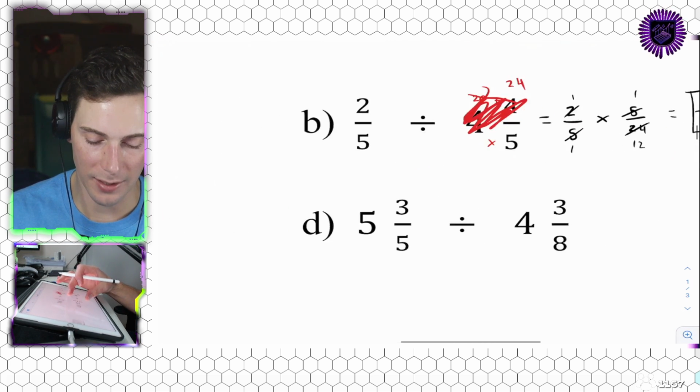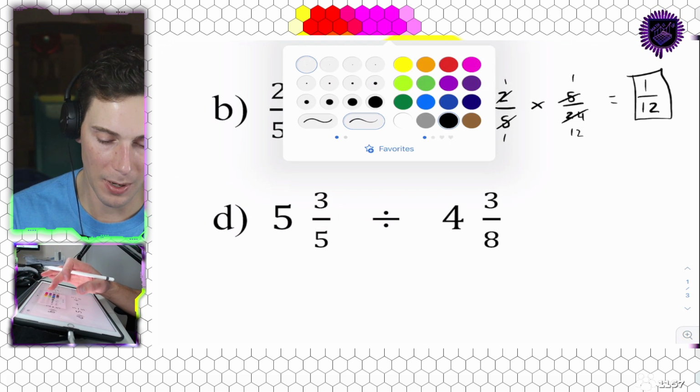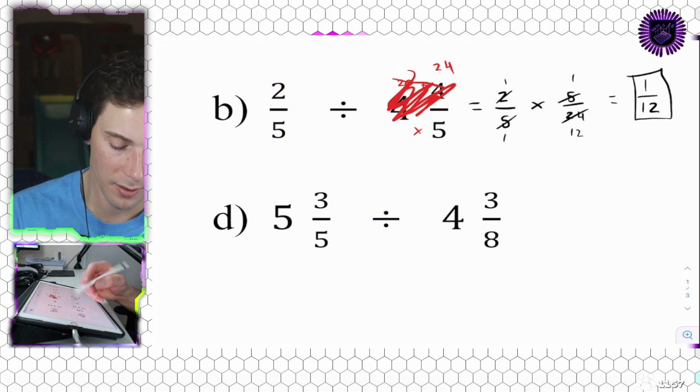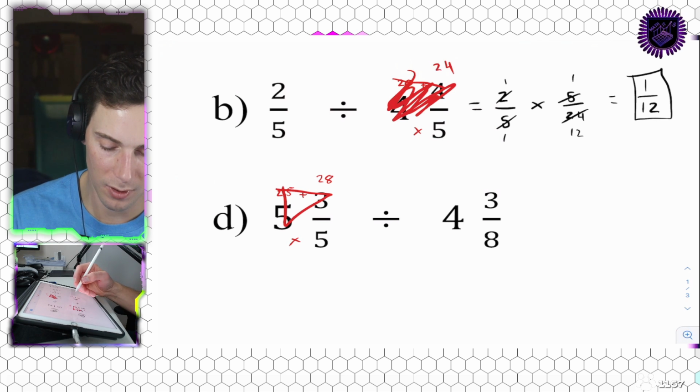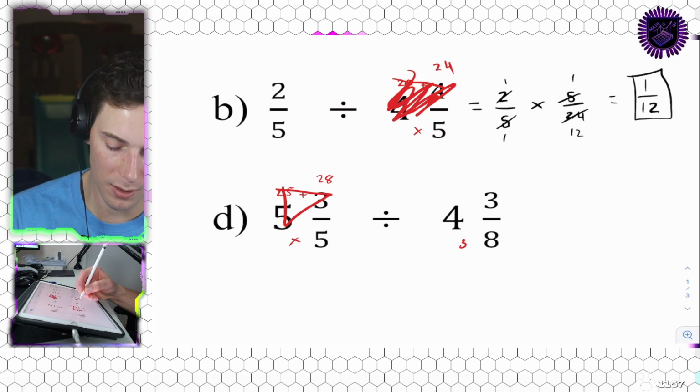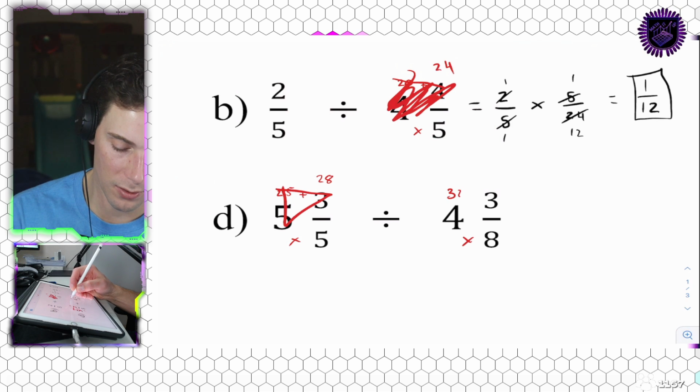All right, last one. It's amazing. Is my Apple Pencil gonna last through it? 5 times 5 is 25. Plus 3, 28. Don't need those anymore. 4 times 8 is 32. Plus 3 is 35.